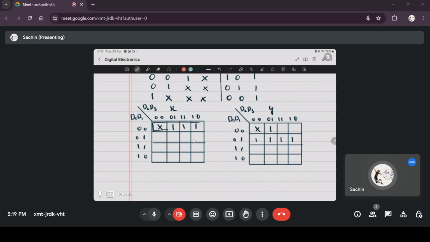For X, you can form a quad. For Y, you can form two quads. And the output expression is simply: X is D0 prime D1 prime, Y is D0 prime D1 plus D0 prime D2 prime.